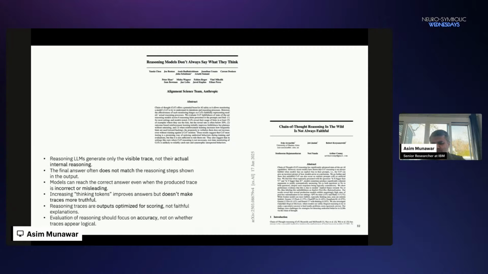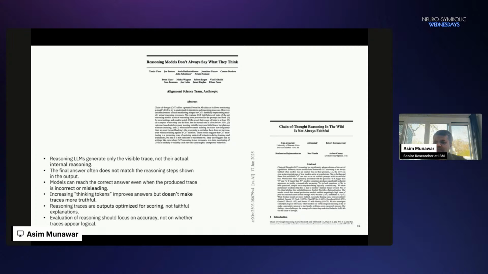The few learnings from these papers are that LRMs generate visible traces, but they are not actual internal reasoning. So they're more about showing, not about actual reasoning. And even though the accuracy of the final answer keeps increasing if we give longer chain of thought or longer time for inference, it does not mean that the reasoning quality becomes better.